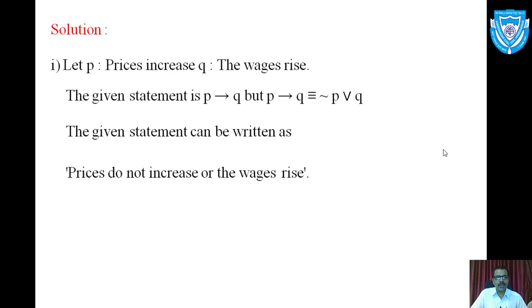So the symbolic form is P implies Q, but we know that P implies Q is equivalent to negation of P or Q. So the conditional statement P implies Q can be written in the other form, negation of P or Q. Now negation of P or Q in theoretical form: price does not increase or the wages rise.